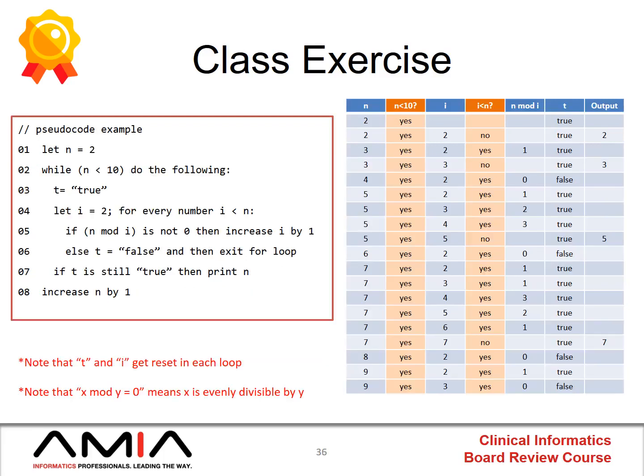Okay, so hopefully you took some time to create a trace table for that previous example and tried to work through it. Yours may not match mine exactly, but I've listed one here for your reference.